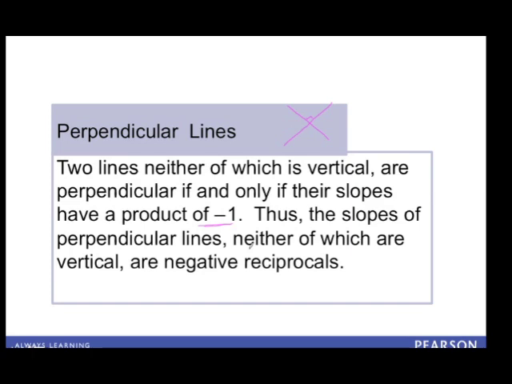Thus, the slopes of perpendicular lines, neither of which is vertical, are negative reciprocals. So if 3 was our number, the negative reciprocal would be -1/3. Or if we had a slope of 4/3, the negative reciprocal would be -3/4. That's what we mean by negative reciprocal.